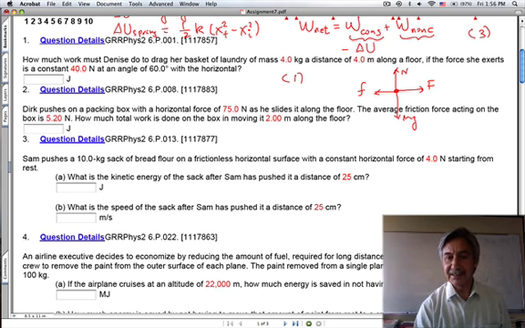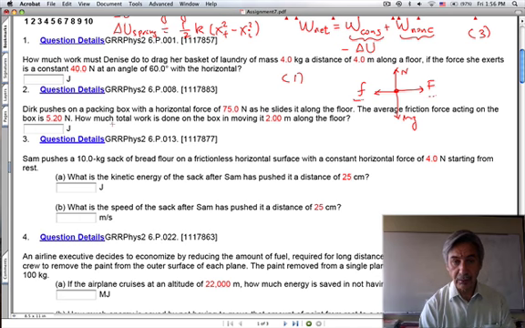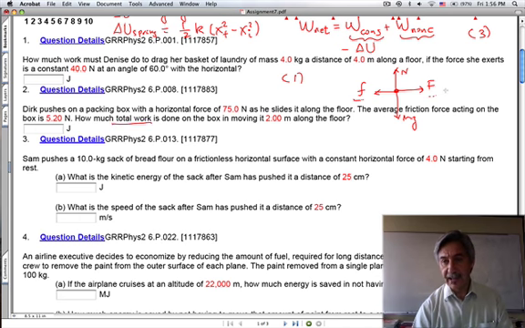So the distance is given to you, and also the value of this force is given to you, and the value of this force is given to you. So the only thing that you have to calculate is the total work, which is the sum of the work done by F plus the work done by the friction force, and you have to be careful with the signs.